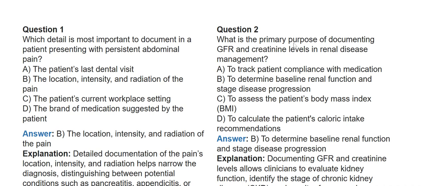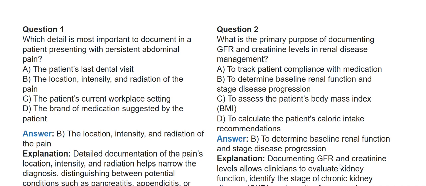Question 2. What is the primary purpose of documenting GFR and creatinine levels in renal disease management? A. To track patient compliance with medication. B. To determine baseline renal function and stage disease progression. C. To assess the patient's body mass index, BMI. Or D. To calculate the patient's caloric intake recommendations. Definitely the answer is B, to determine baseline renal function and the stage of disease progression.